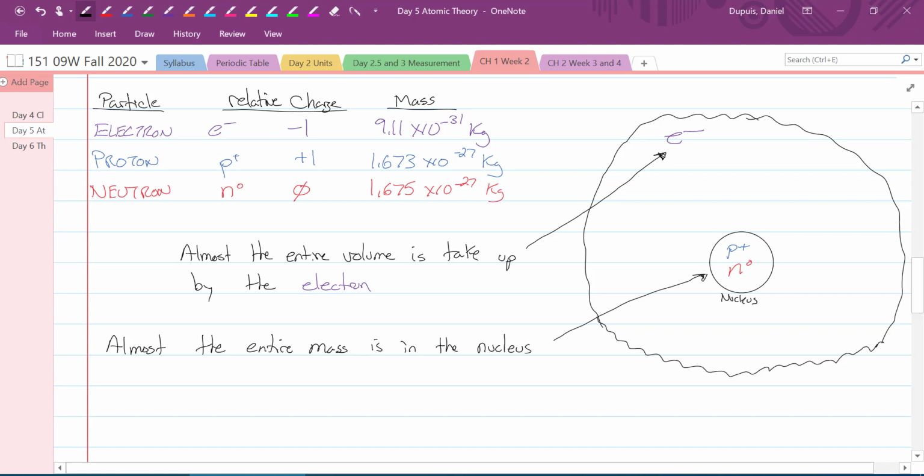Alright, so let's put those in perspective. If you've been to a huge stadium, big football stadium, even a big basketball arena, think of a softball or basketball in the middle of the arena, and that's the nucleus, and the size of the arena is the atom. That's what we're talking about. Alright, so almost all the mass is in this little tiny thing in the middle of the atom. And all the volume is due to the electron going around it. Alright, so that's what's going on with the atom.